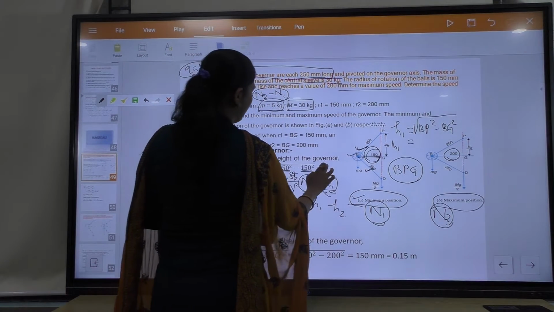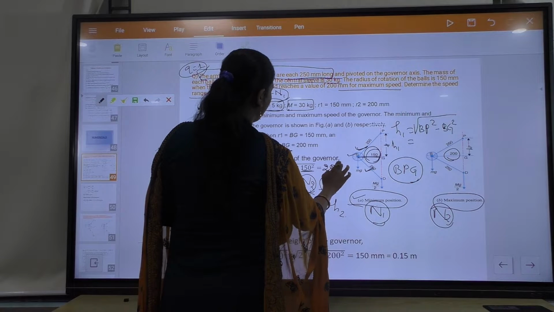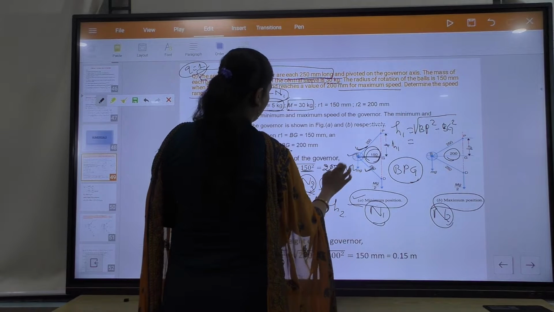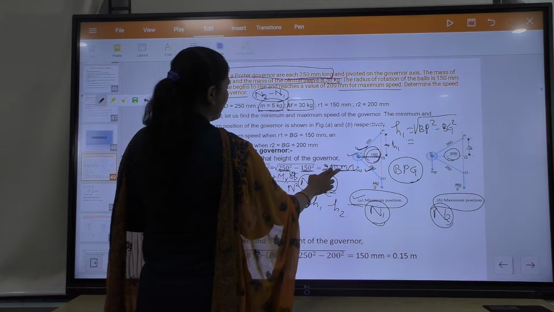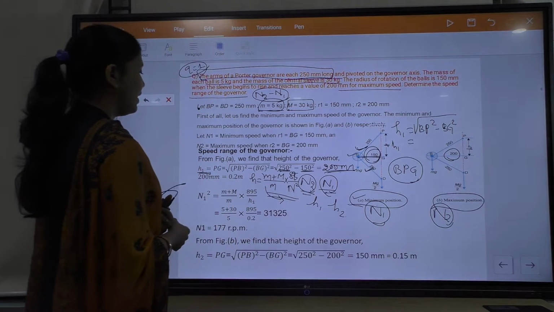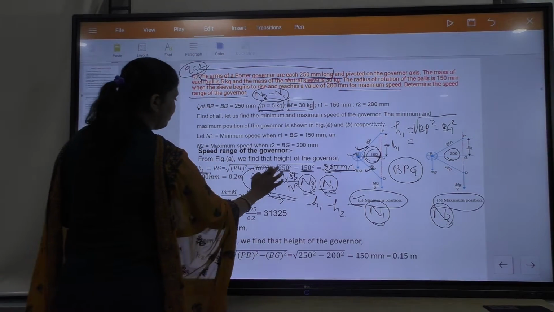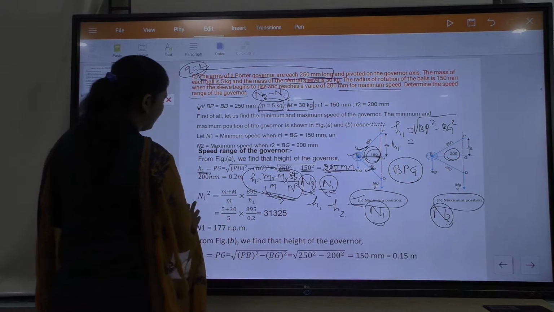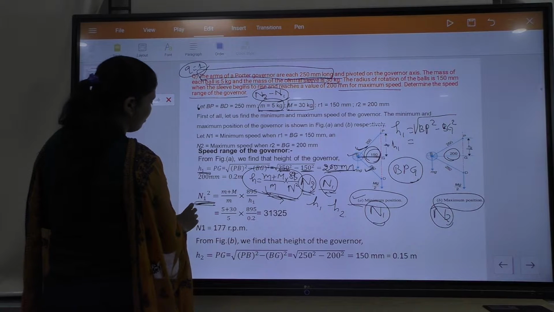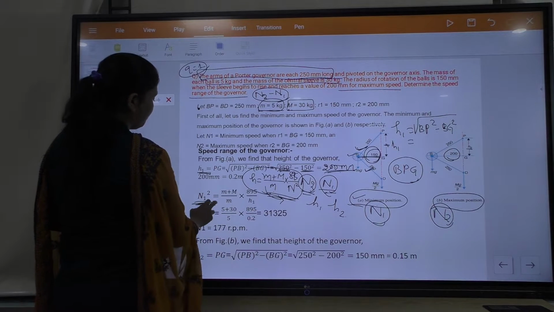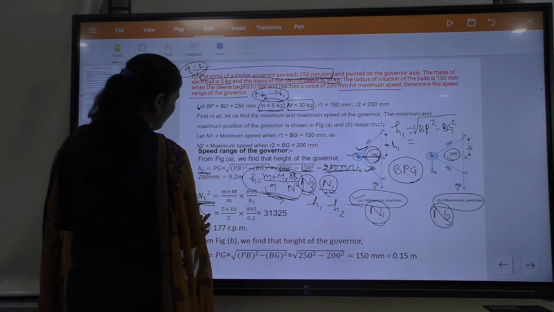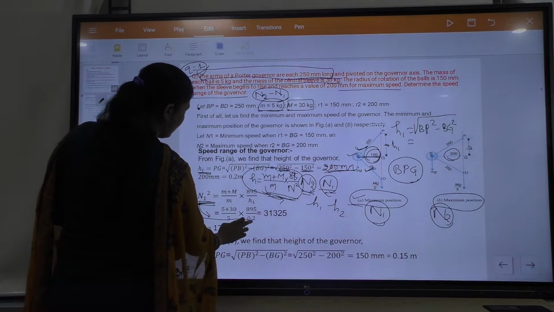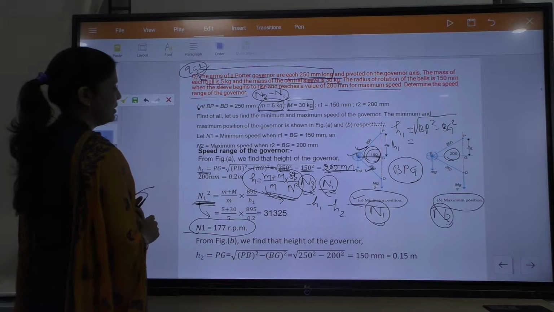So the value of h1 will be equal to 200 mm. Now we got h1. Now using this formula we can get the value of n1. Here we used the formula and we get n1 as 177 rpm.